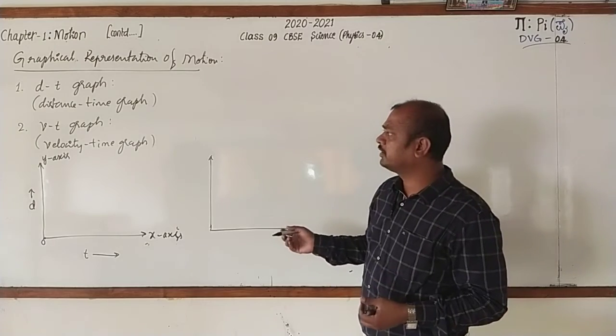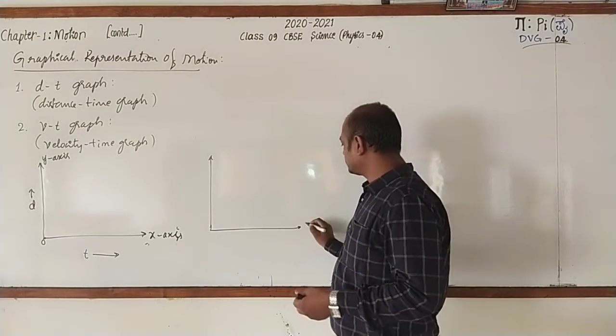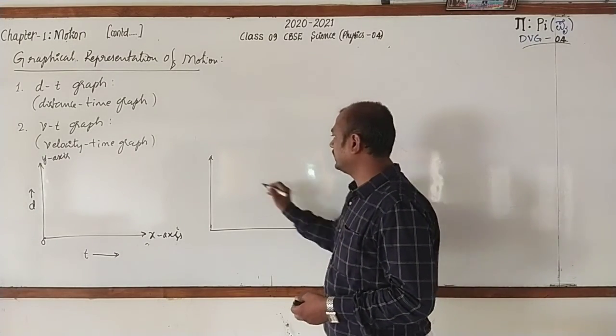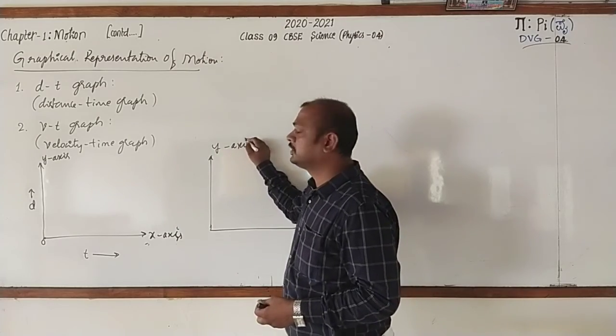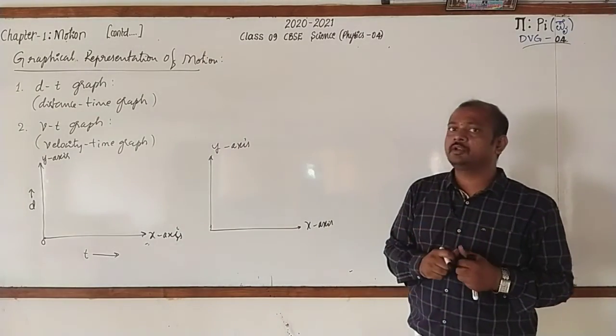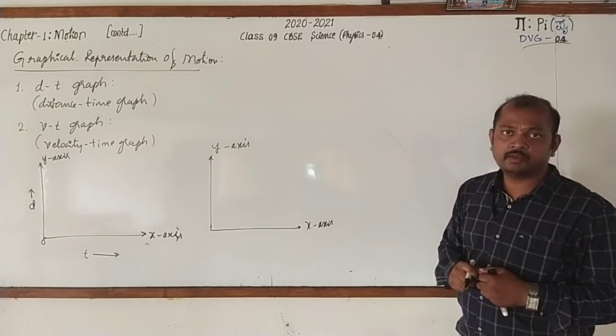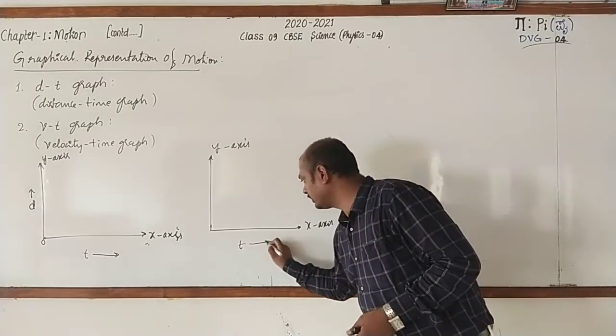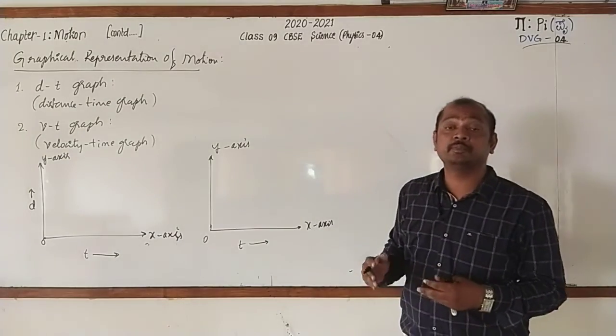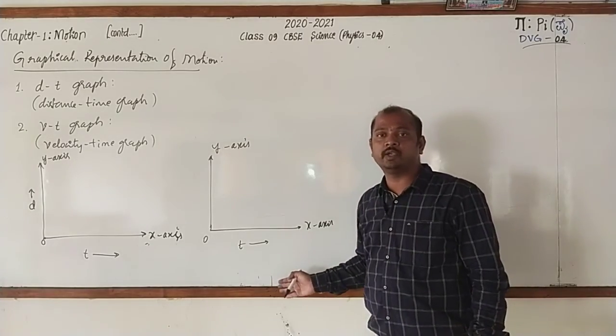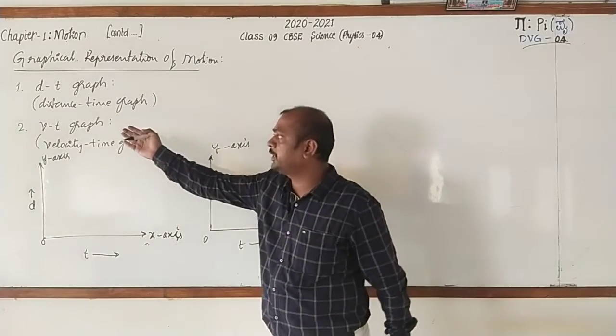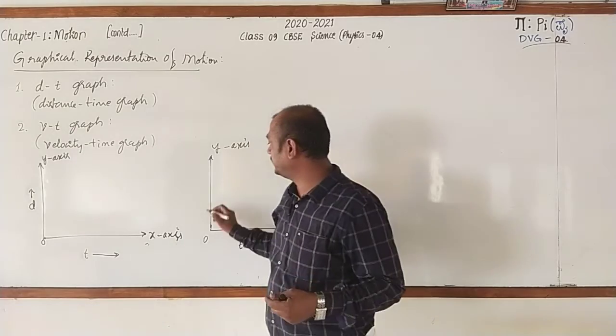In the same way, for vt graph, here is the x-axis and this is the y-axis. In case of vt graph, could you tell where the time should be taken? Again, along x-axis, because it is the independent quantity. Then which is the dependent quantity? It is speed.